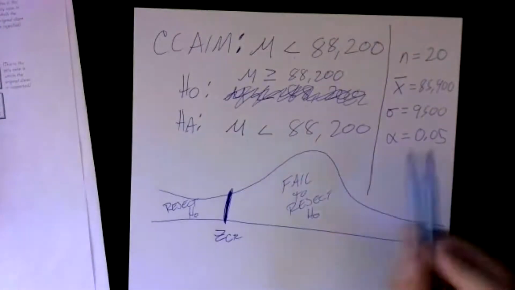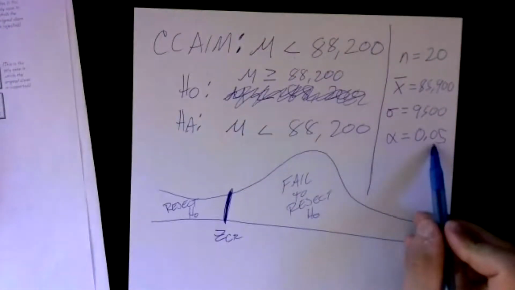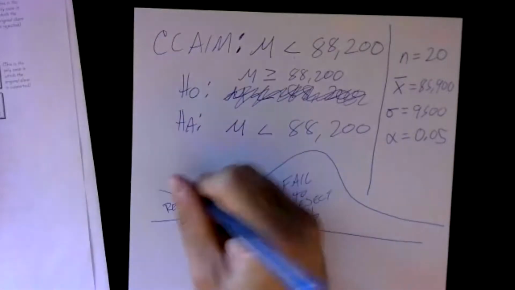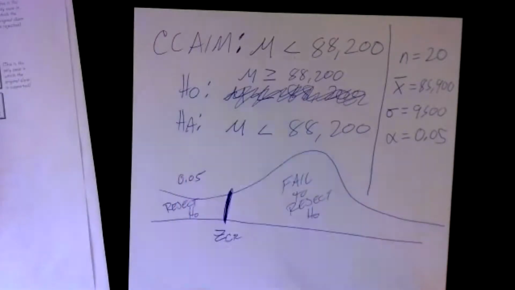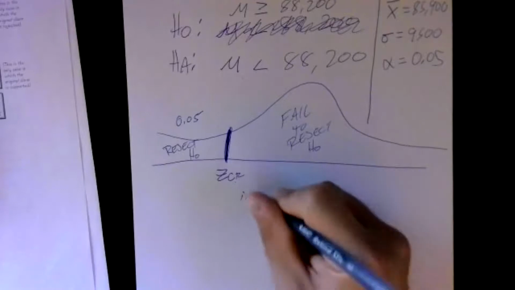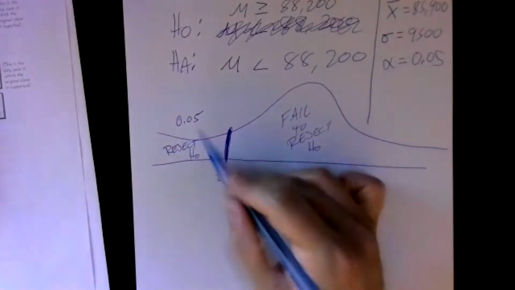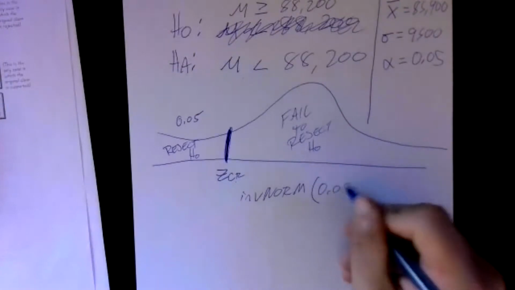Now, the alpha value is 0.05. That is the area in the tail. It's one-tailed, 0.05. To find the Z critical value, we can use the INV norm function. Because we're given an area on the left, we simply put in 0.05.